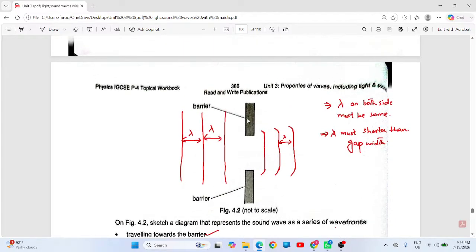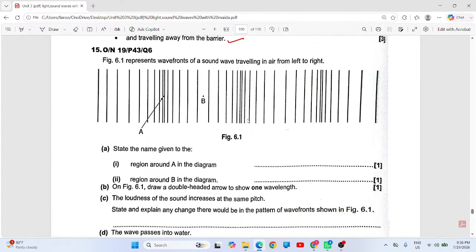Sir, refraction? Compression? Yes, because the particles are close together, so it is called compression.